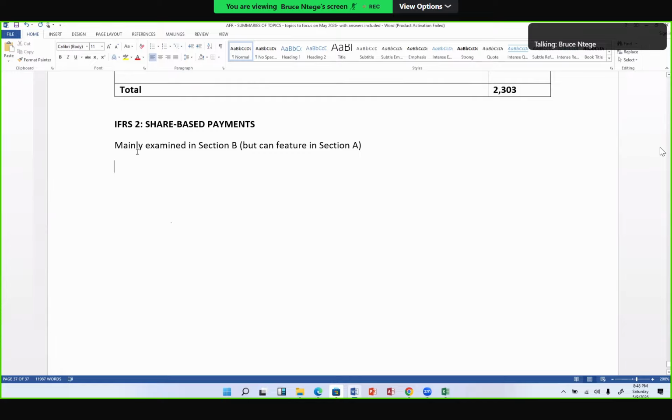Now, everyone, we are dealing with this standard, looking at those special transactions where companies engage in share-based payment contracts and share-based arrangements. Normally, the accounting journal for a share-based transaction is usually going to be a debit of a P&L expense.